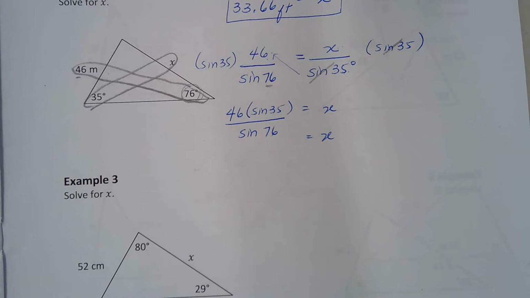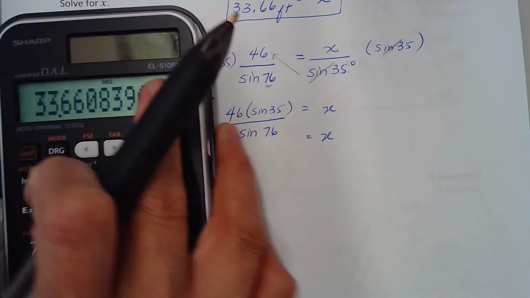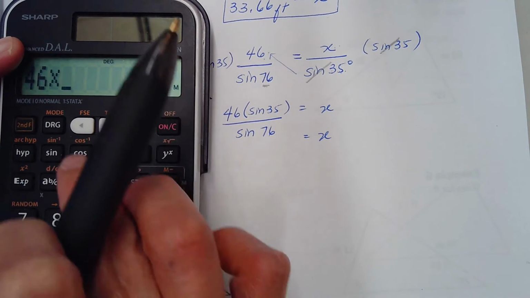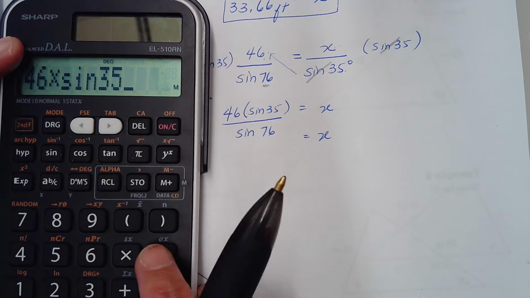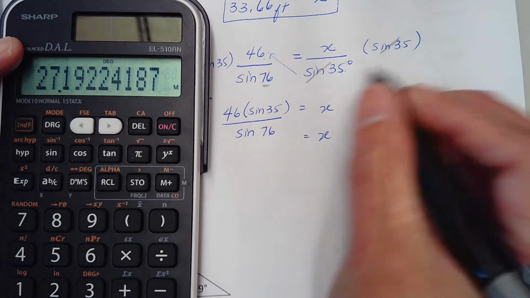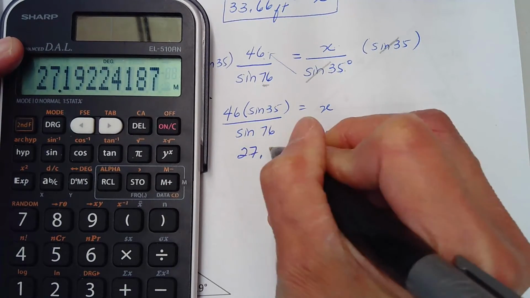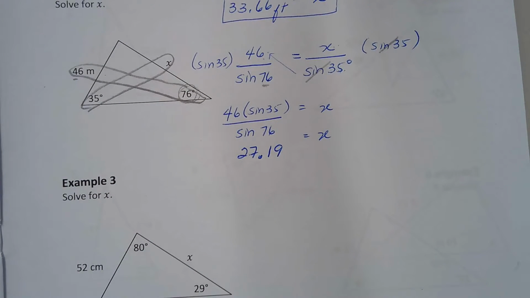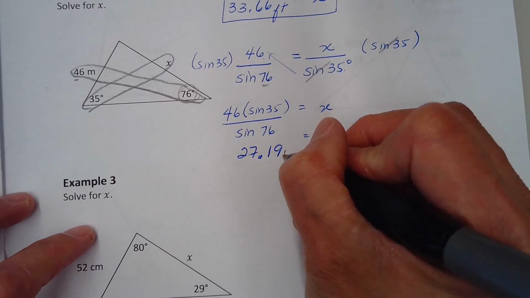Page 17, please. 46 times sine of 35 divided by sine of 76 is going to be 27.19. Okay, 27.19. And what's the unit? We're talking about the side here. It's going to be meters.